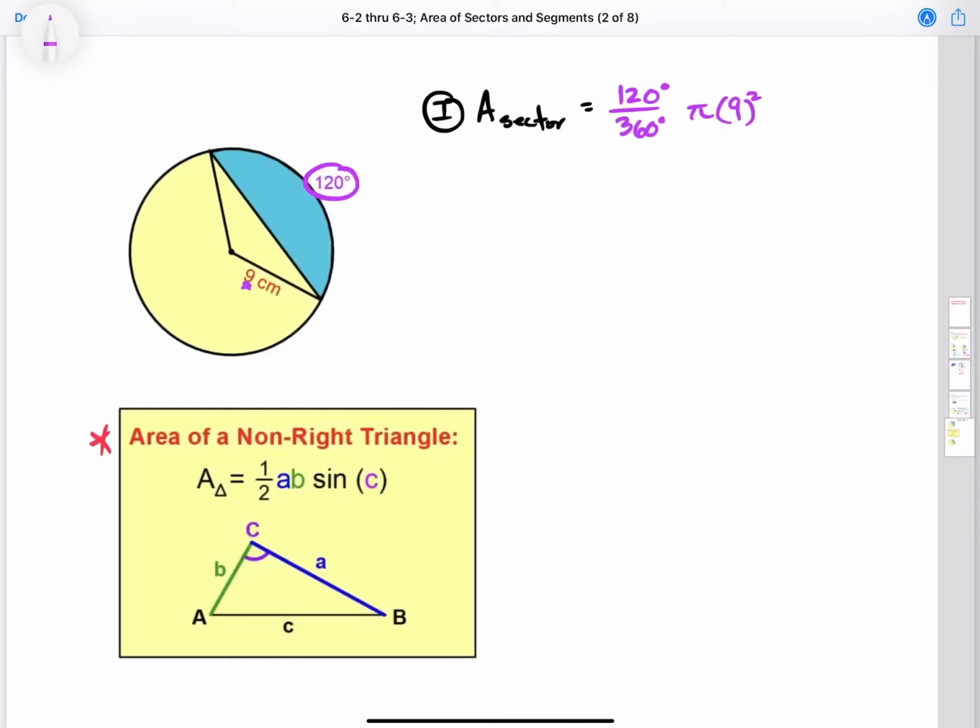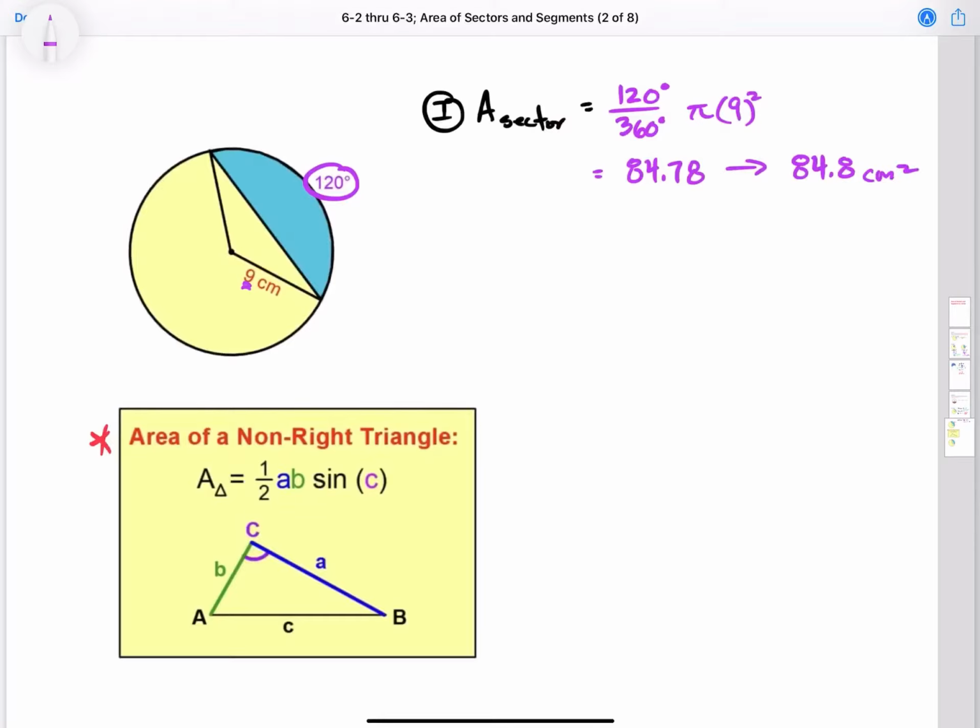We're going to use 3.14 again for pi. That's approximately 84.78, and I like to round it to the nearest tenth, so about 84.8 centimeters squared.